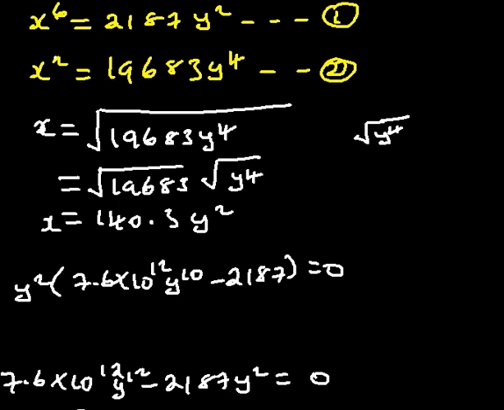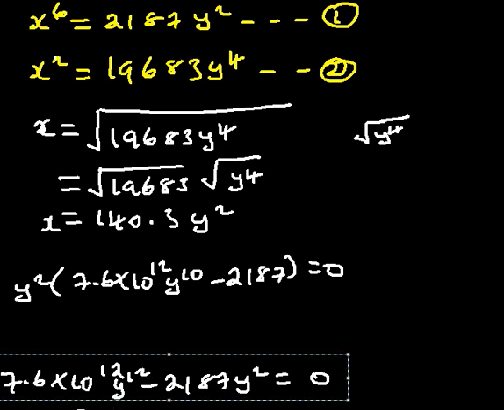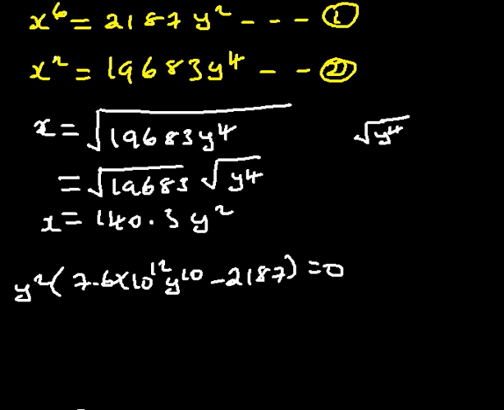In this case, we have two factors. y to the power 2 equals 0, where we take the square root of both sides. We'll have y equal to 0. That is the first value of y.